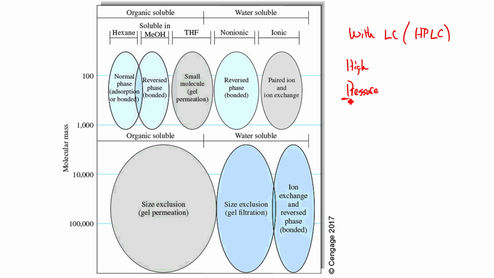Some people do, the P's for pressure. And some people say it's performance. You'd think we'd figure that out by now, but we haven't. Liquid, and then chromatography. That's what HPLC stands for.